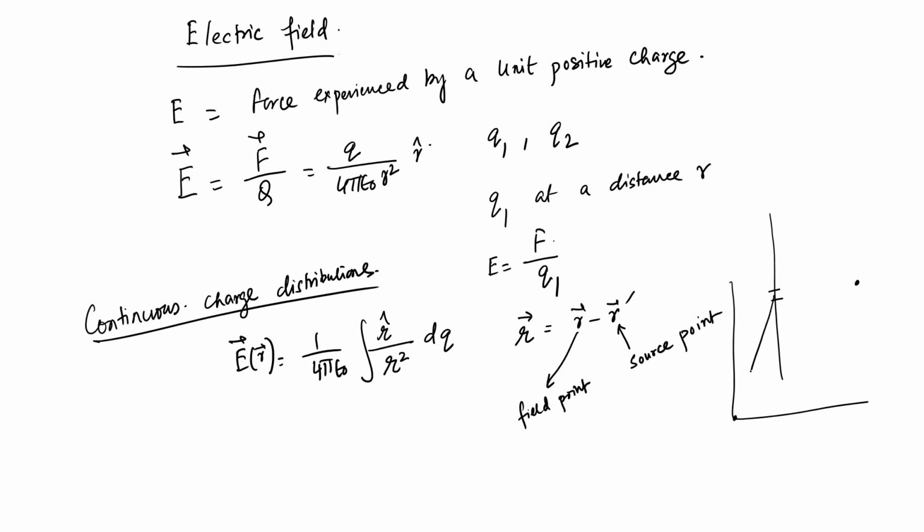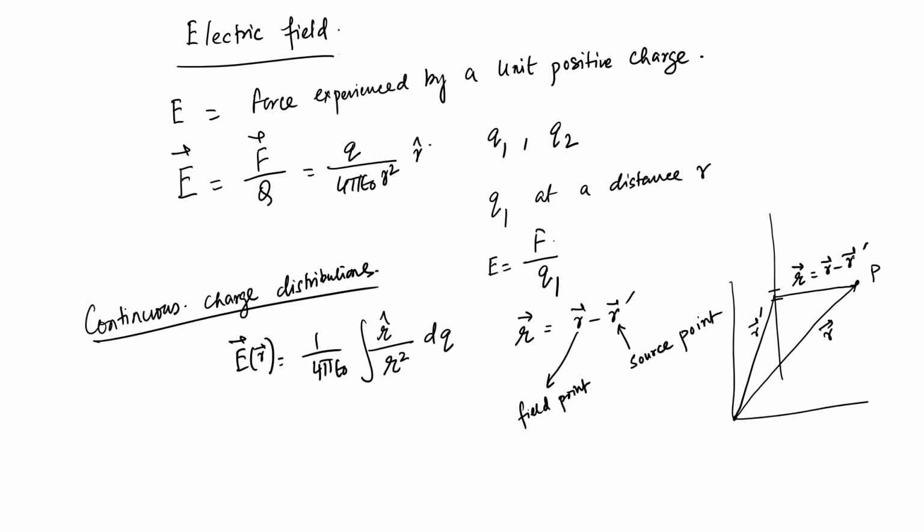So, this is your r prime. And you want to calculate this electric field at this point P, which is at a distance r from the same origin. So, the distance between these two points is the resultant of these: one is r prime and this is r. So, this would be curly r, which is equal to r minus r prime.